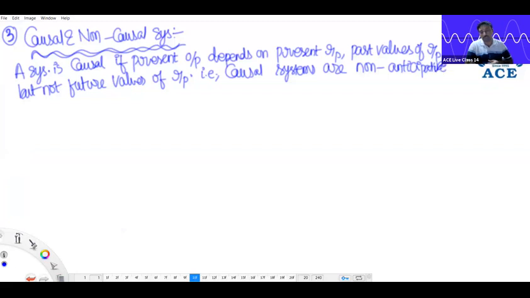So we have to check this condition with respect to time: output time versus input time, present output, present input, past input.